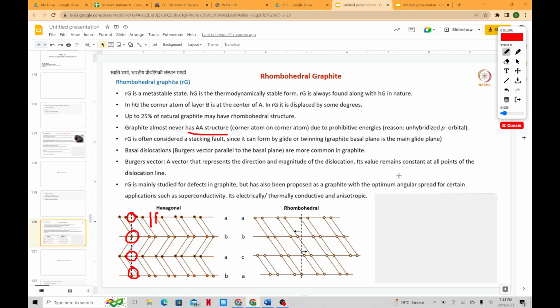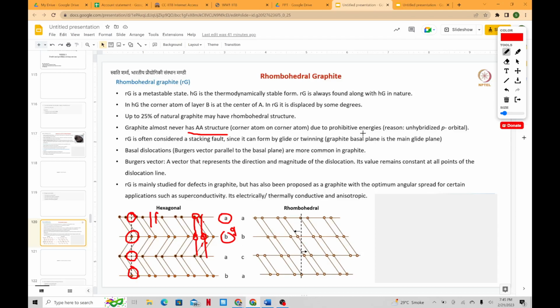You won't find the corner atoms stacked like this. AA would mean A over A, the same structure. It will always have this center and corner kind of structure. That is why it makes an AB kind of layer.